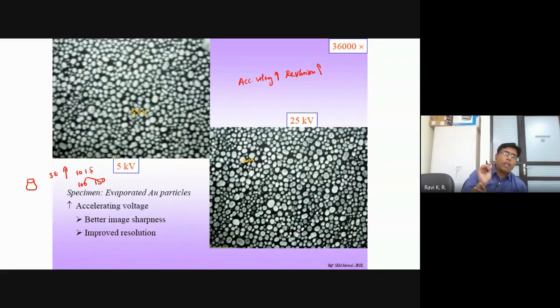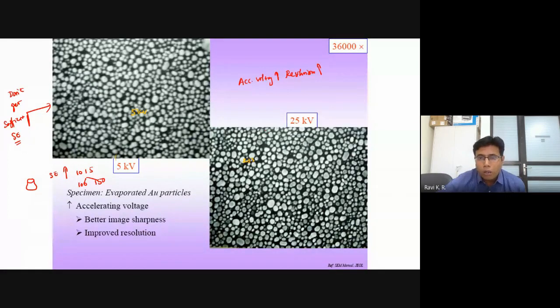That's what I'm saying: there is nothing like a universally good operating parameter for a particular microscope. You cannot say that; it depends on the sample. So for this particular sample, when you have a lower kV value, you don't get a sufficient interaction volume, so you don't get sufficient secondary electrons to make a good image.